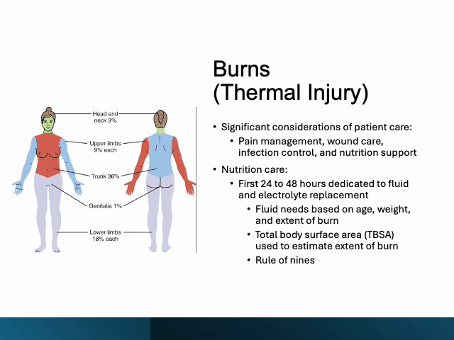The trunk, it's 9 times 4, which is 36%, and the lower limbs are 9 times 2, so 18%. So that's the rule of 9s. But this allows you to determine the severity and also how we are going to approach their nutritional care.